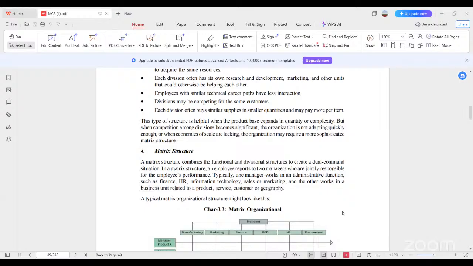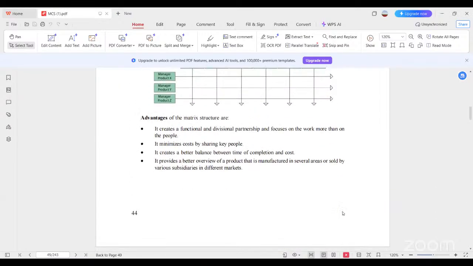Next is cost minimization, by sharing resources, because the key experts are shared across different projects instead of being duplicated. And there must be a balance between time and cost.